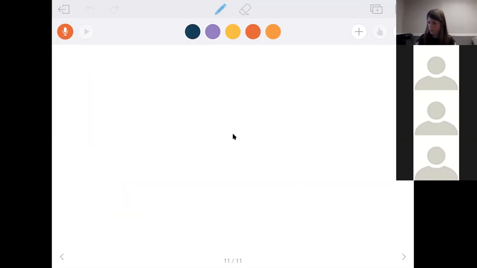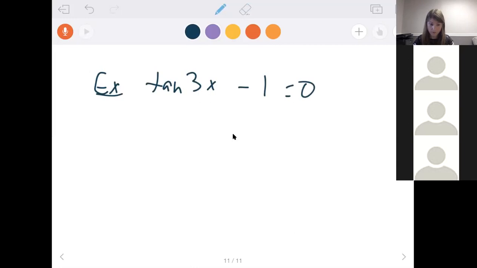So for this one, our last equation together right now is tangent of 3x minus 1 equals 0. When you're reading this on a letter sign, they kind of wrote it like this, where the 3x is close to the tangent.